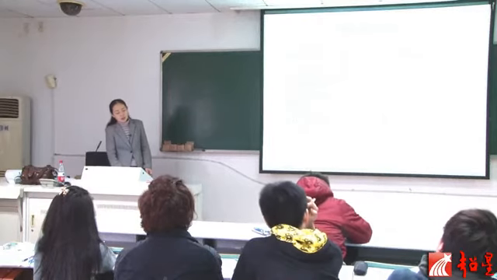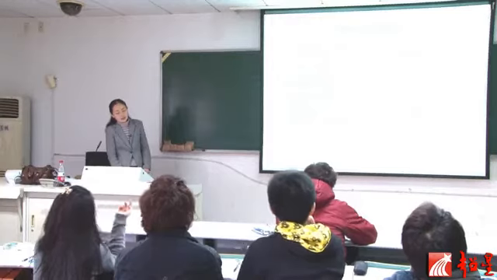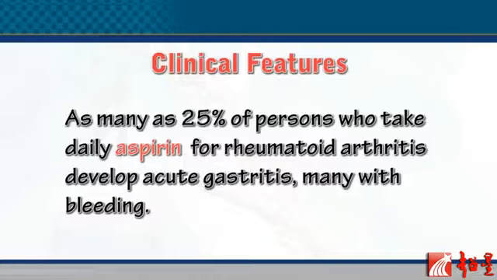One of the major causes of massive hematemesis is alcohol use. 25% of persons who take daily aspirin for this kind of disease will develop acute gastritis, many with bleeding.